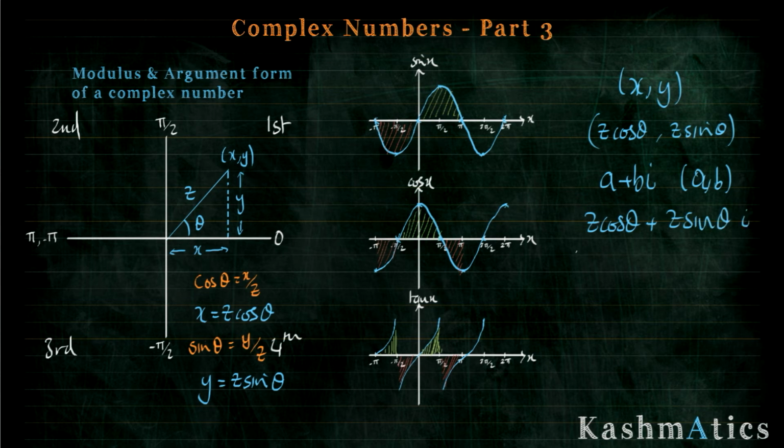And the way we express this in complex numbers is z, cos theta plus i sine theta, and the z is in fact the modulus of z, okay, because z would be the length of this line.